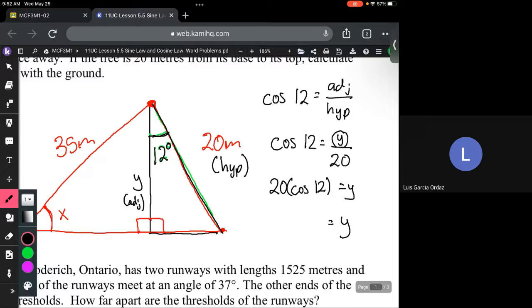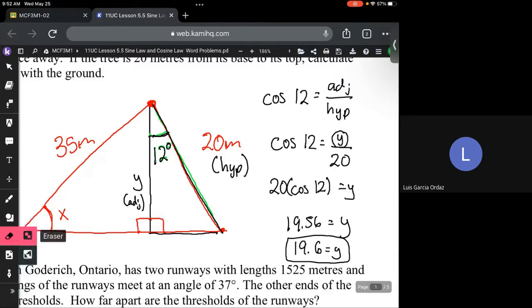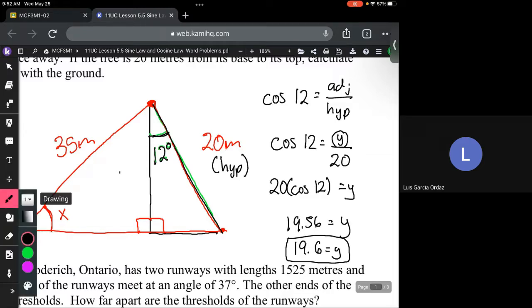It'd be 19.6. No. If we have 19.56, you would round it to 19.6. So now I know that my Y has a measurement of 19.6 meters.